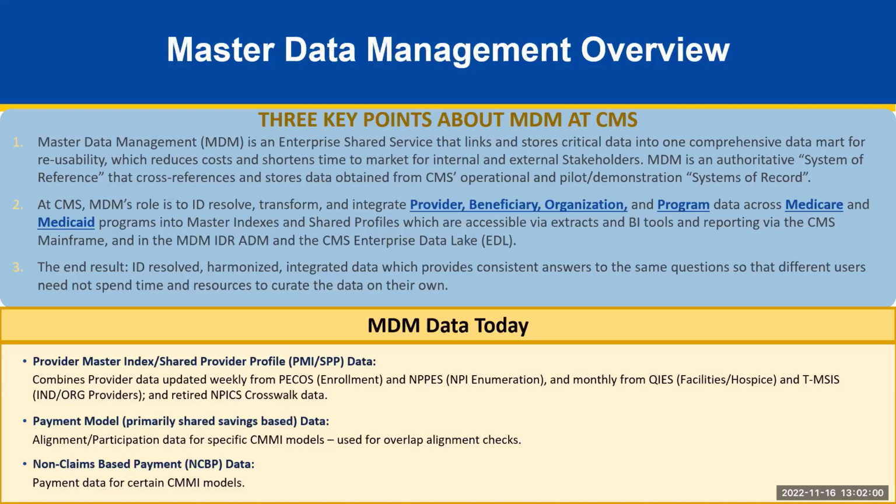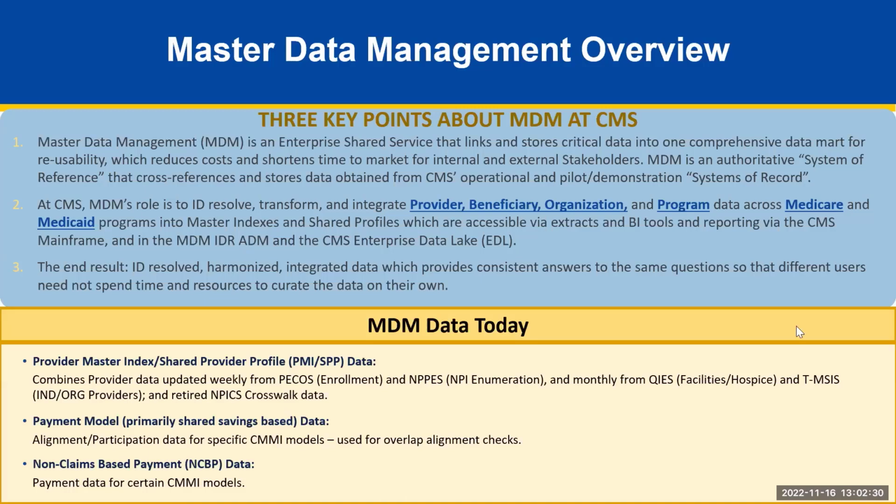We are an authoritative system of reference because we are cross-referencing the data from across the agency from various operational information and pilot and demonstration systems of record. Our role here is really to ID resolve and integrate this data together. It covers different domains of data, particularly provider, beneficiary, and organization data, and domains around the different programs, Medicare and Medicaid to start with.